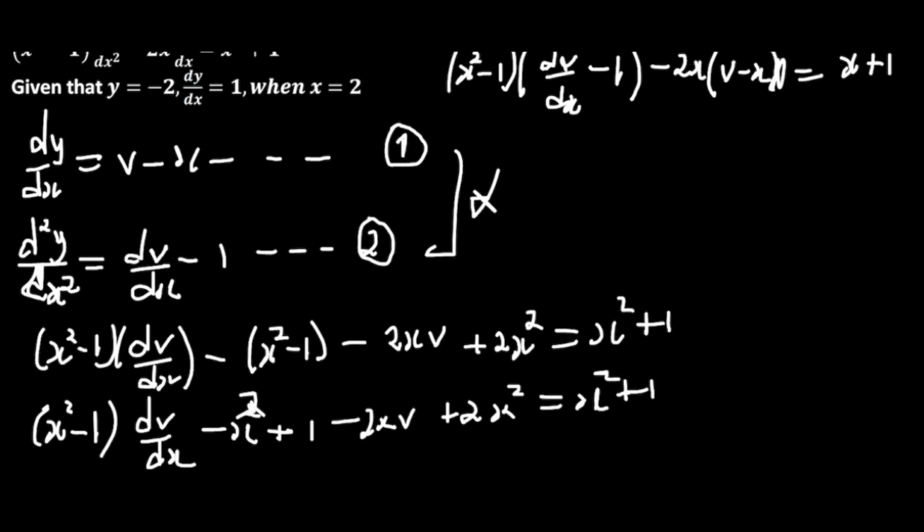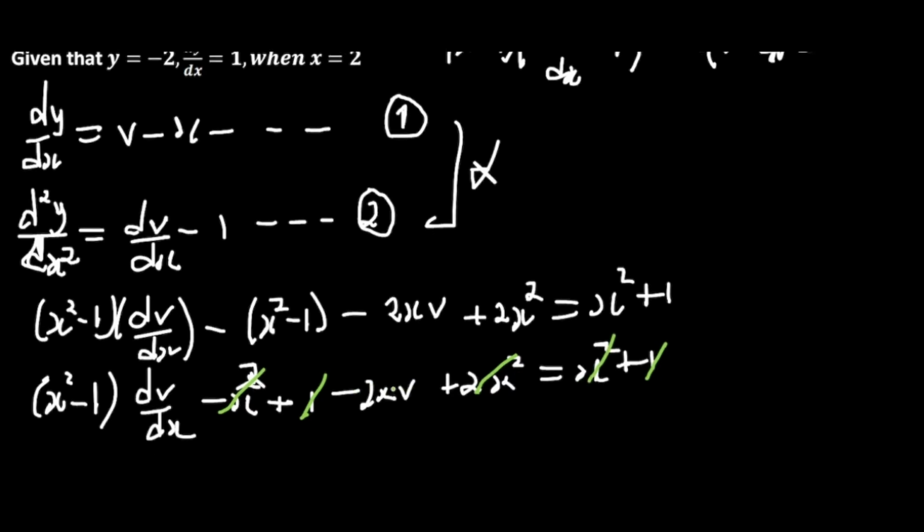So it's time to cancel out. We see there are some common things. So we see that 1 is going to cancel out with 1, and here we have 2x squared minus x squared, which is going to give us x squared, so it will go away with that, and we'll be left with minus 2xv.